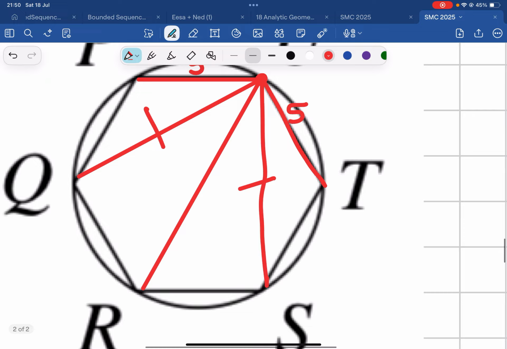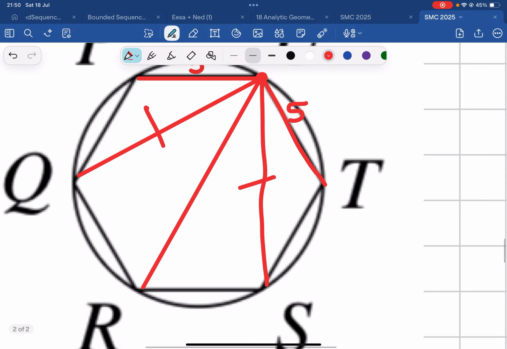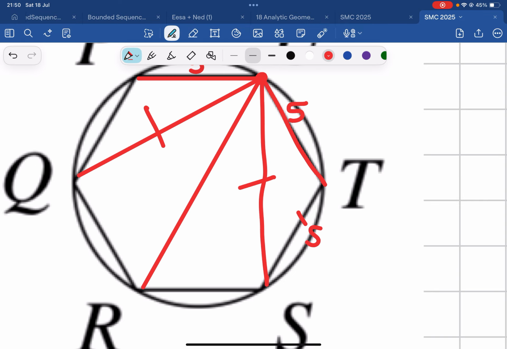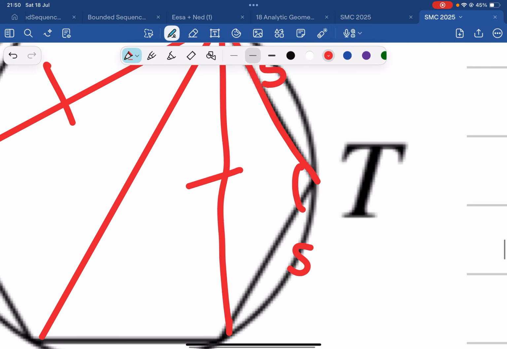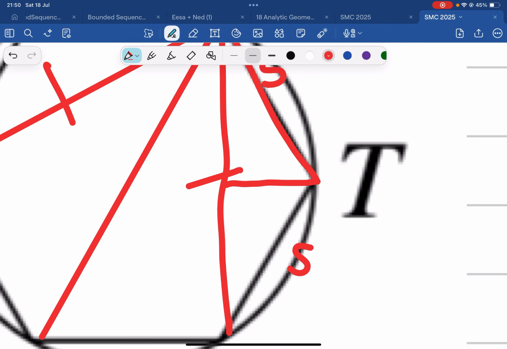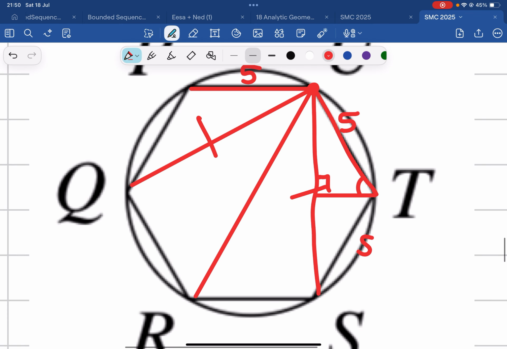This one here, on the other hand, if this is 5, we just need to find the base of the isosceles triangle. So we know this angle here is just 120 degrees. If we drop an altitude from here, we have 60 here, 90 there, and 30 there.